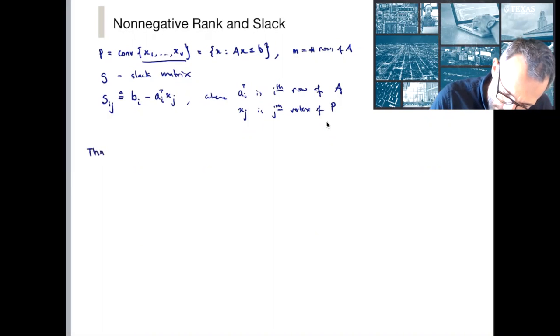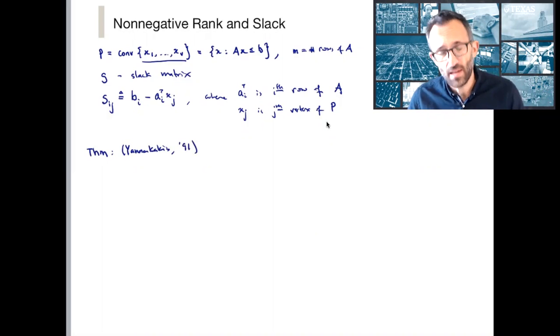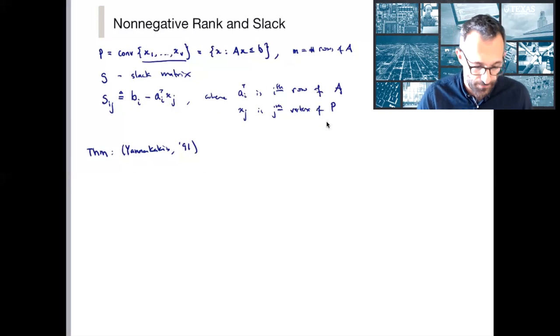So a theorem that's due to Yannakakis, dating from 1991, says that this slack matrix exactly characterizes the extension complexity in the following way.